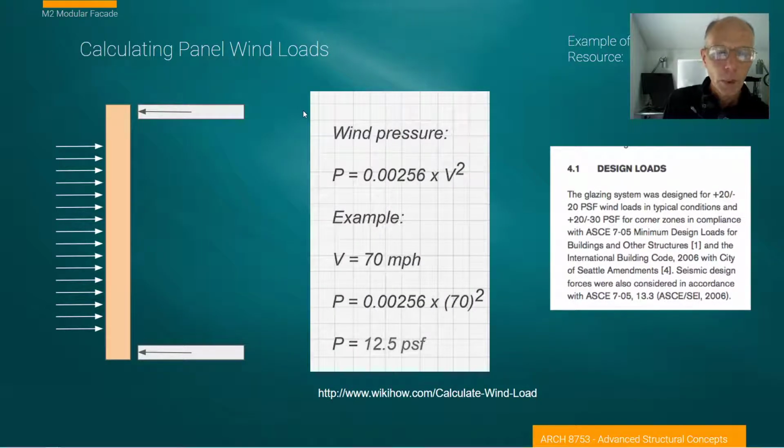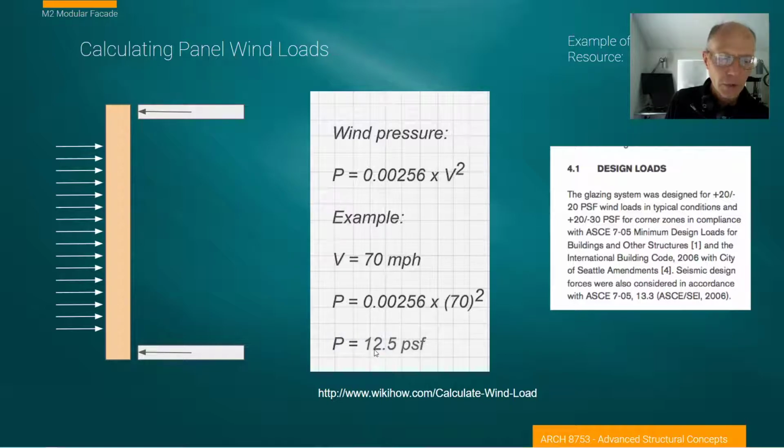I also want a way to calculate what our wind pressure is according to wind speed. I Googled and found quite a simple calculation here. Our wind pressure, P, is equal to the velocity of the wind in miles per hour, squared, times a coefficient.